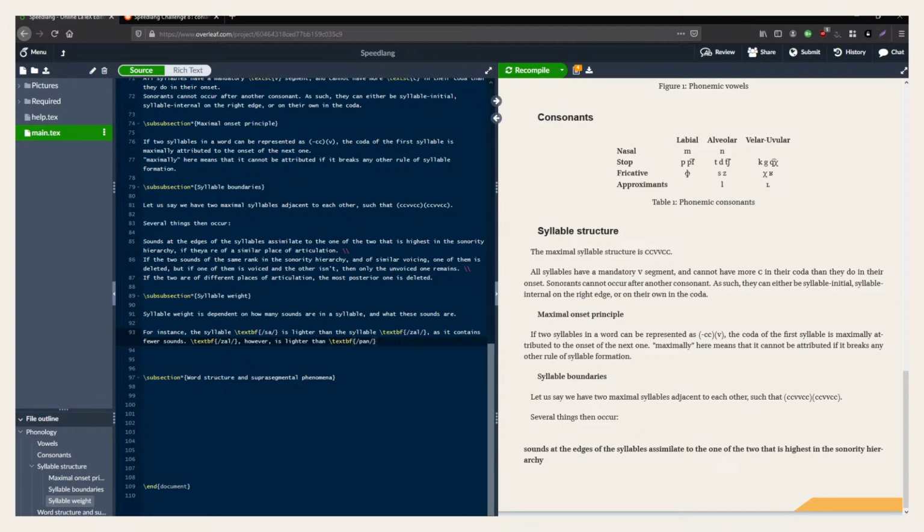So Zdal, however, is lighter than pan, despite containing the same number of sounds. Ends are heavier, and I'm going to italicize that. The sounds contained in pan are heavier.